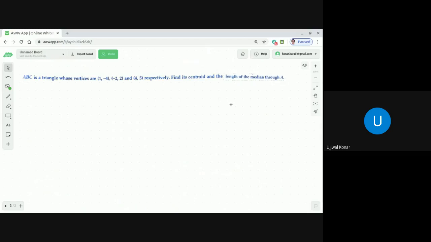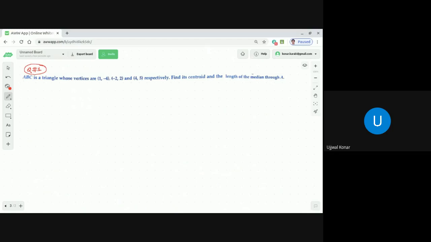So the first question, as you see here: ABC is a triangle whose vertices are (1, minus 4), (minus 2, 2), and (4, 5) respectively.